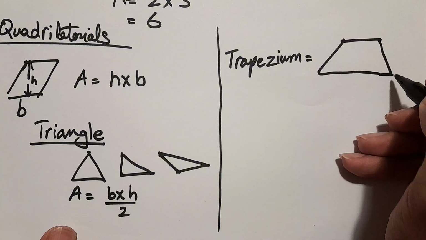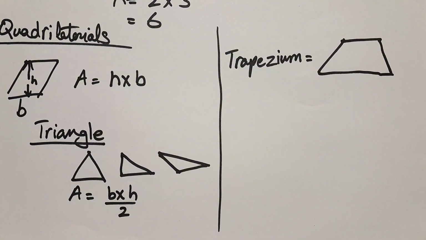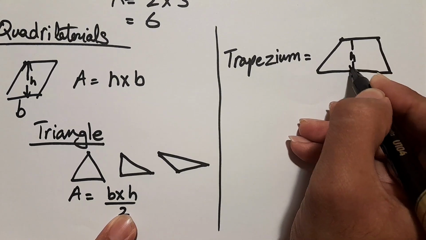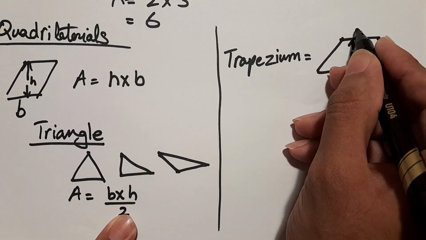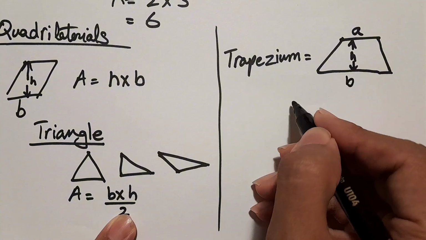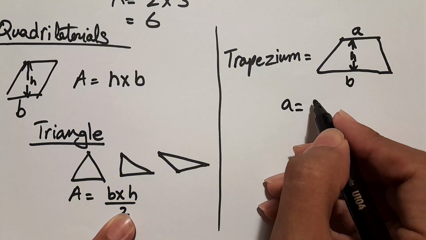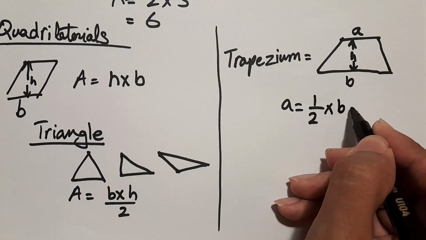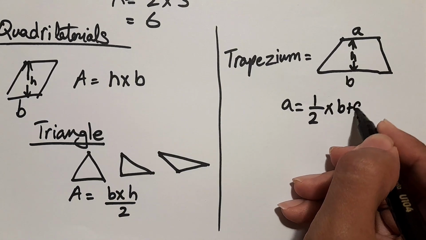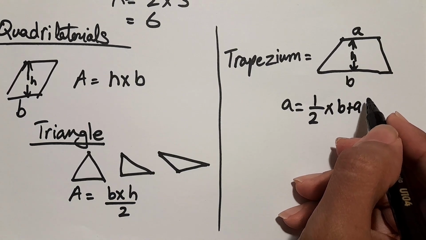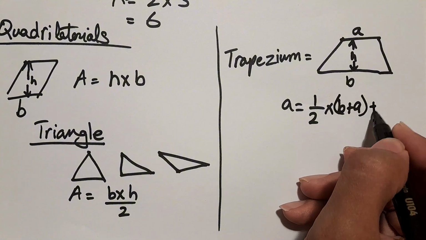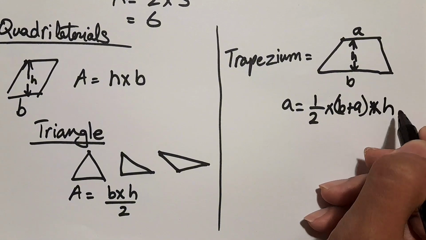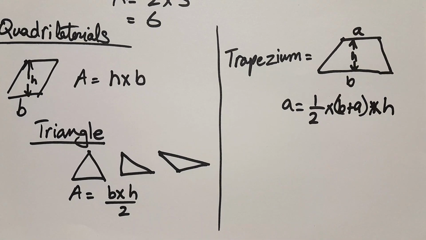What we will do is we will use the height, and this will be A and this will be B. So the area is equal to 1 over 2 times (B plus A), multiplied by height. So this will be the formula for a trapezium.